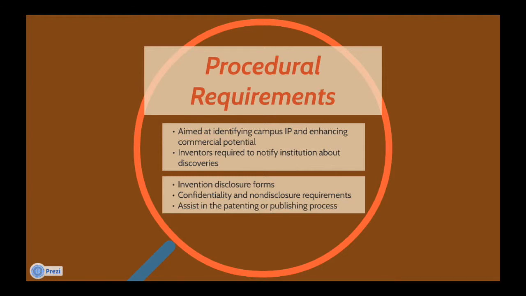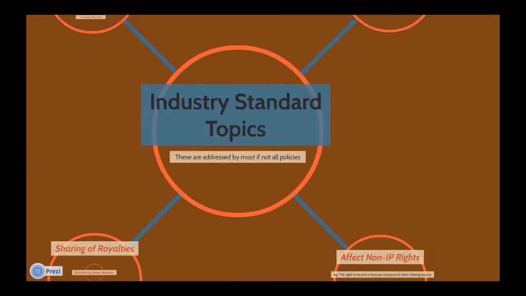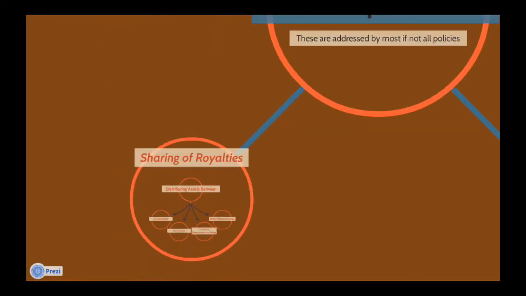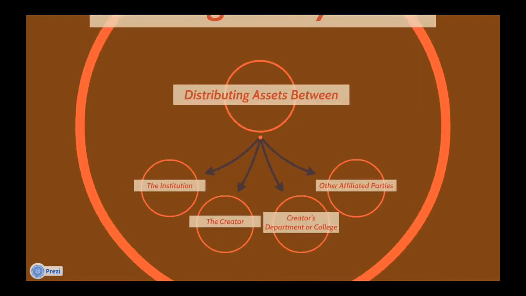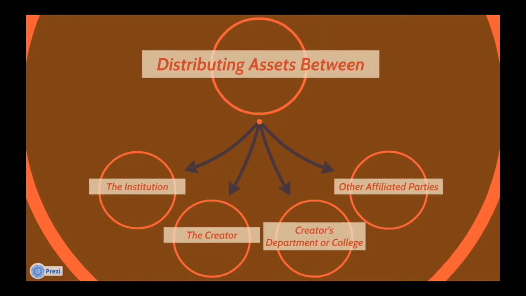Other procedural obligations often involve confidentiality and non-disclosure restrictions, or may require inventors and authors to assist in the patenting or copyright registration process. Policies also typically determine the sharing of IP-related royalties, distributing such assets between the institution, the creator, the creator's department and/or college, and other affiliated parties.